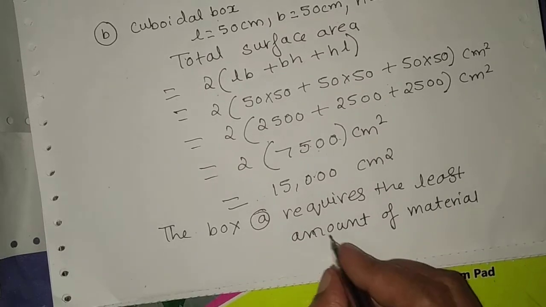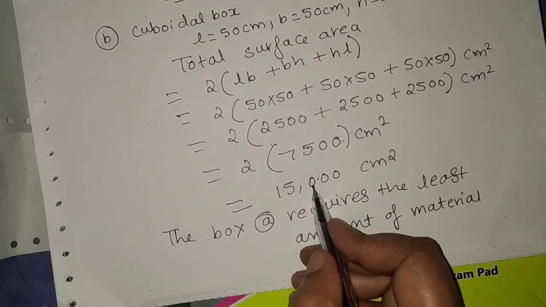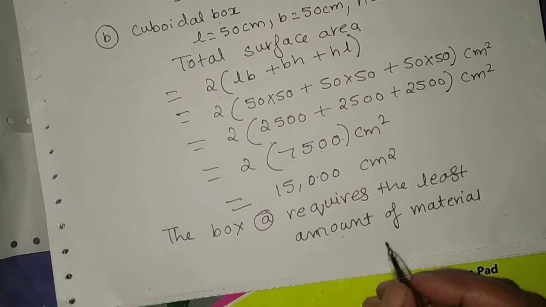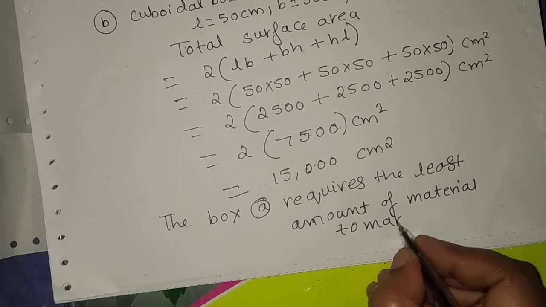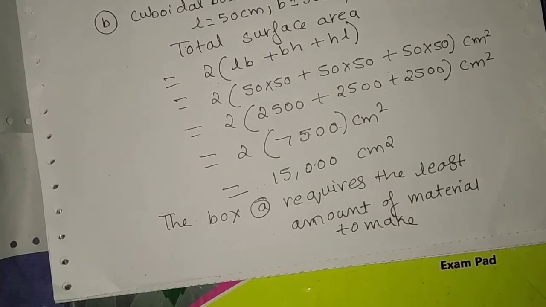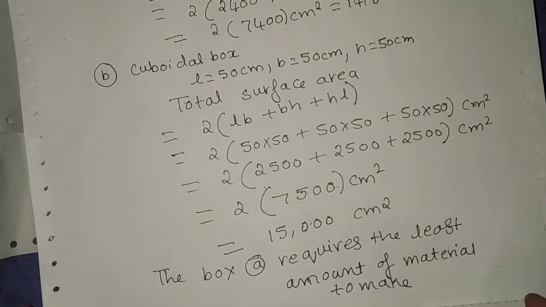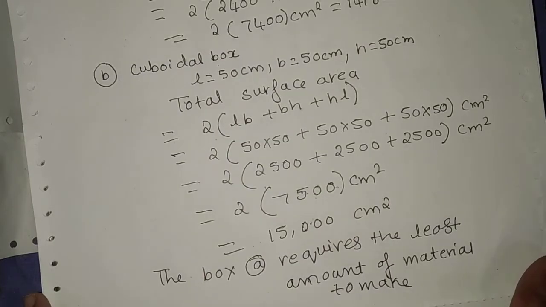The answer is 14,800, whereas this B is 15,000 centimeters square to make. This is the final statement we have to write. So this is the solution for the first problem, taking the two figures, cuboidal A and cuboidal B.